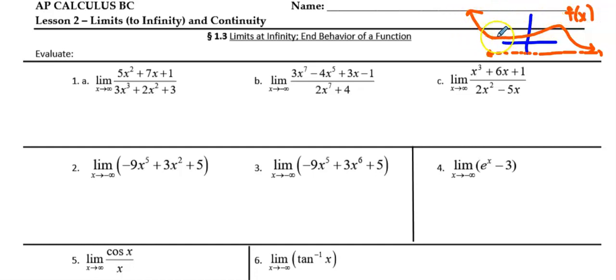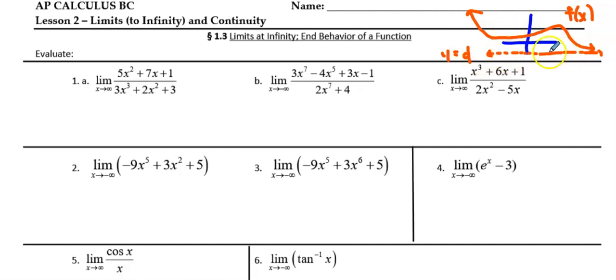So if I'm looking at the limit as x approaches negative infinity, then this function, as we're going negative, the y values are exponentially getting bigger and bigger and bigger. So the limit as x approaches negative infinity would be positive infinity. If we were looking at the limit as x approaches infinity from the right, and we're going to call this value for y, let's go with d, letter d.